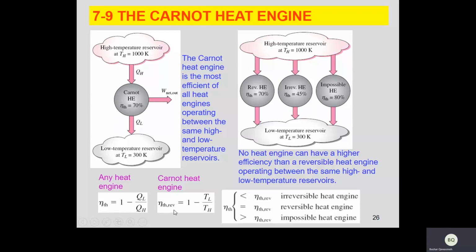And so for the Carnot reversible heat engine, since the ratio of the heats is equal to the ratio of the absolute temperatures, the efficiency is according to this relation. Both relations are valid for the Carnot heat engine, while this relation is only valid for the actual heat engine, which is not Carnot or not reversible.